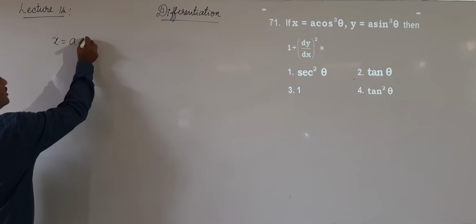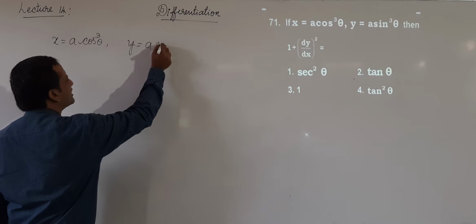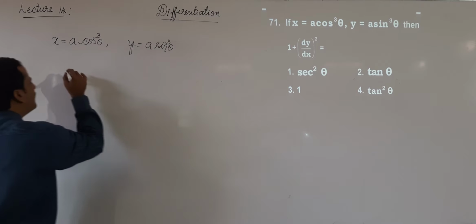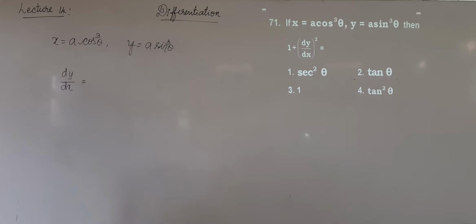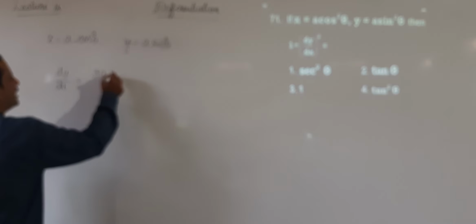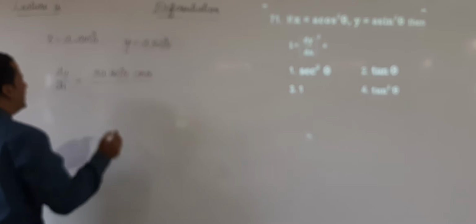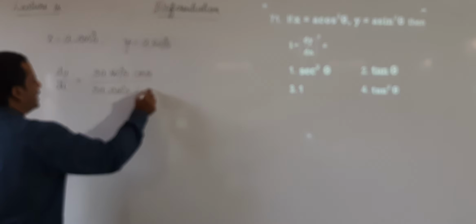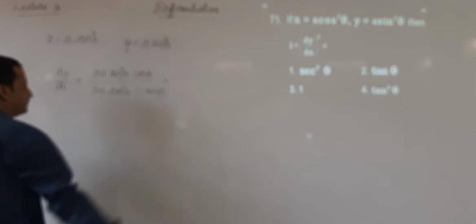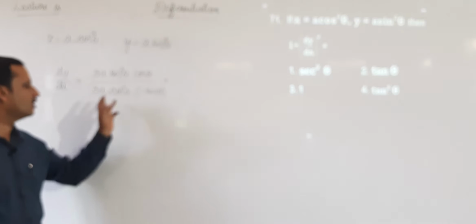We want dy by dx, that's equal to dy by d theta divided by dx by d theta. dy by d theta is 3a sin square theta cos theta divided by dx by d theta, which is 3a cos square theta into minus sin theta. 3a gets cancelled, sin theta gets cancelled, cos theta gets cancelled.